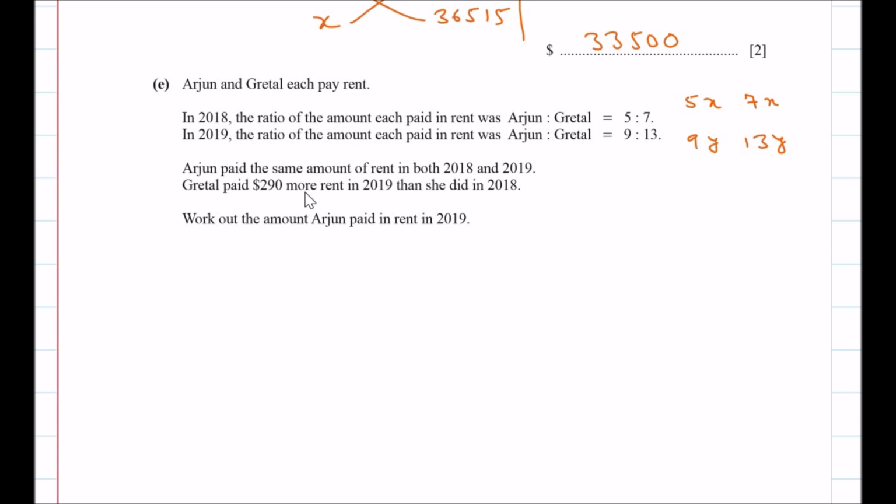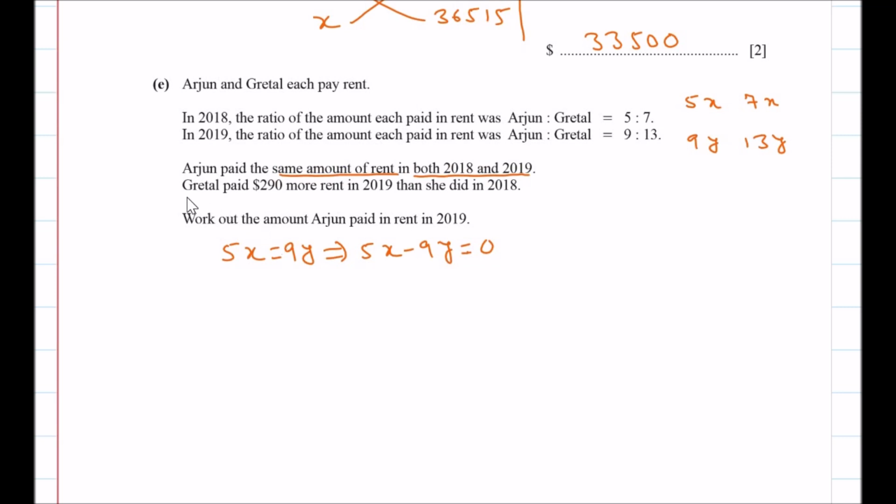Now Arjun paid the same amount of rent in both 2018 and 2019, and here 5x is paid by Arjun in 2018 and in 2019 he paid 9y. So that means 5x equals 9y. Got it? So 5x equals 9y, and this implies that 5x minus 9y equals 0.